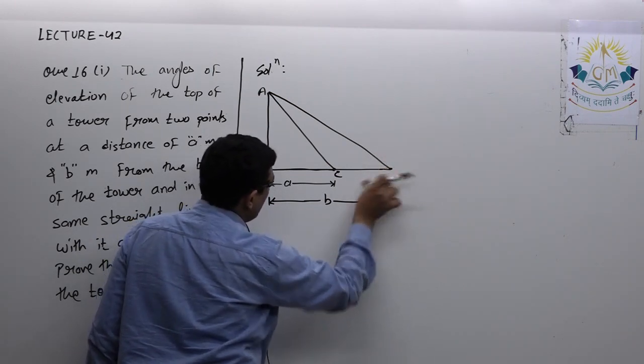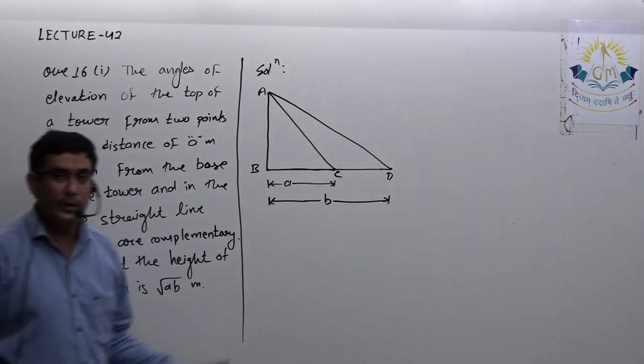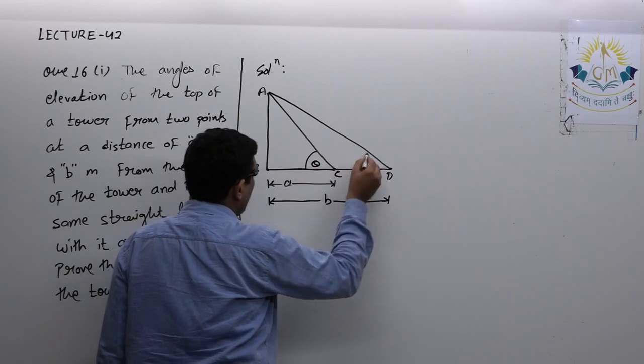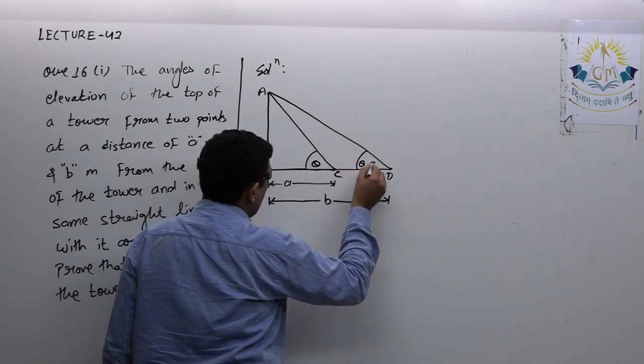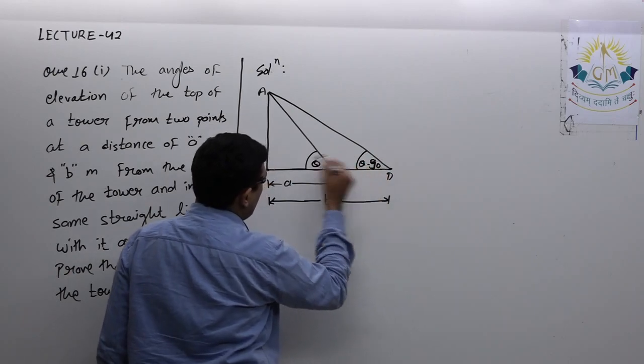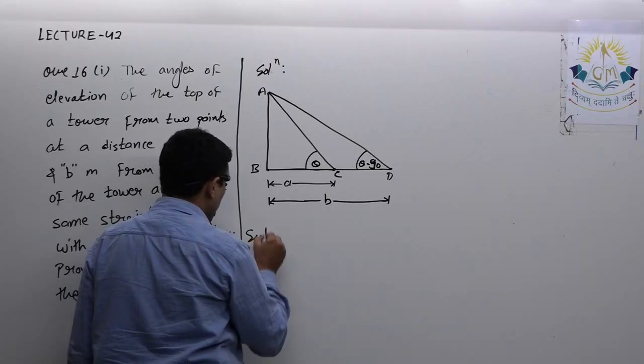That means if one angle is theta, then the other angle will be 90 minus theta. Their sum must be 90. So these are the angles. Might be this is theta or this is 90 minus theta, it doesn't matter.